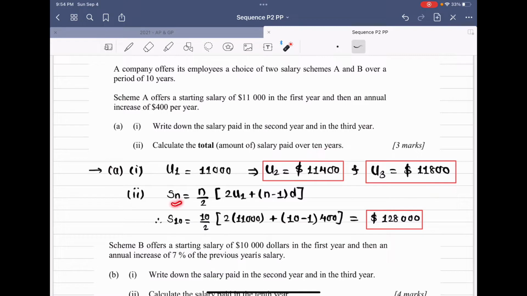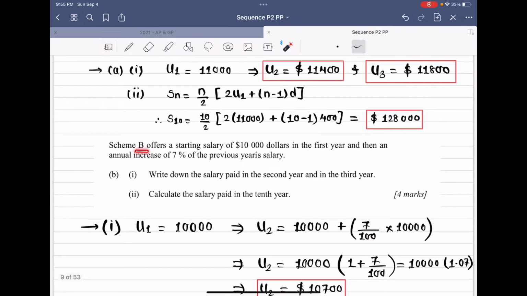So I'm using the sum formula first, n over 2 times (2u1 plus (n minus 1) times d). n is 10, so 10 over 2 times (2 times 11,000 plus (10 minus 1) times the difference, 400). If I type this on a calculator, 22,000 plus 9 times 400, add them, multiply by 10 over 2, I will get the answer $128,000.